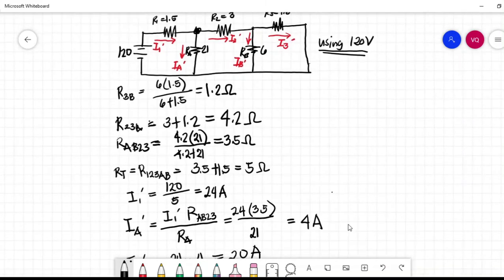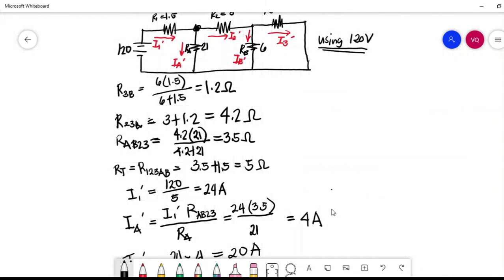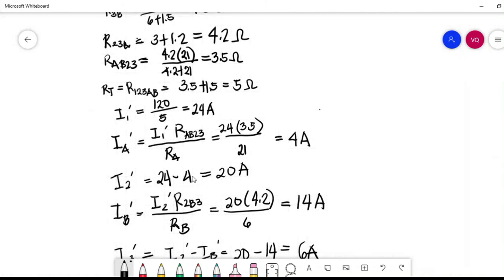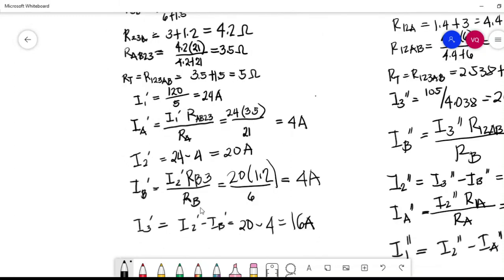By Kirchhoff's current law at this node, I2 prime is equal to I1 prime minus IA prime. So 24 minus 4 is equal to 20 amperes. IB prime is equal to I2 prime multiplied by RB3.